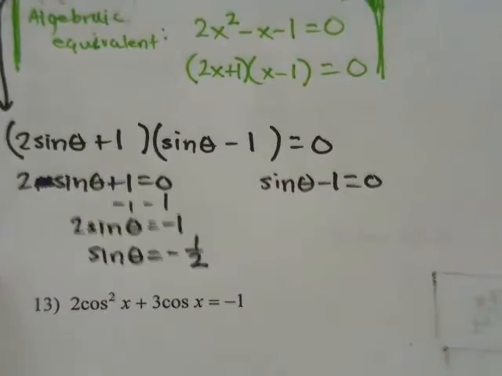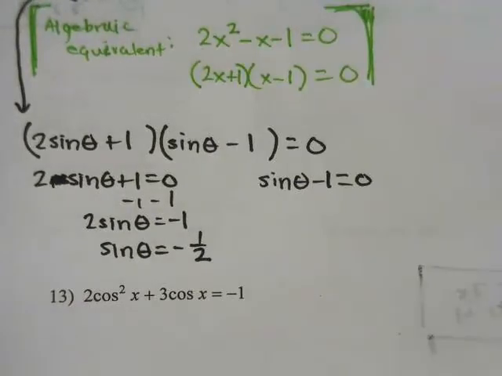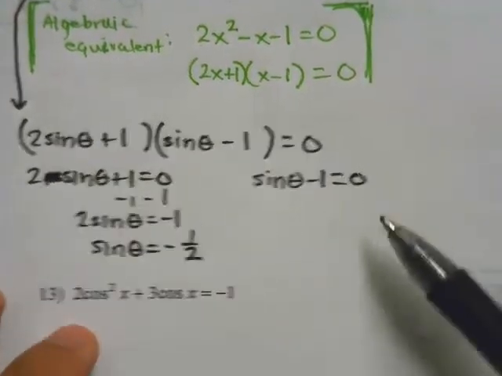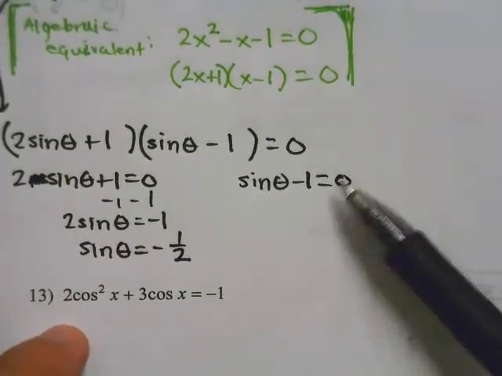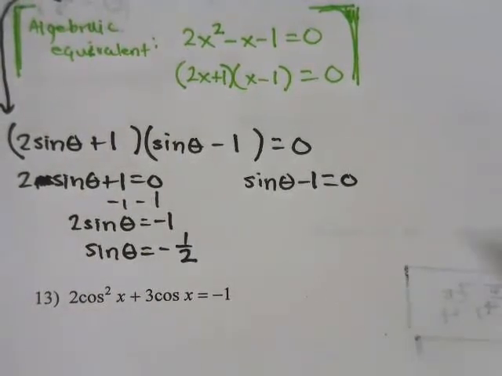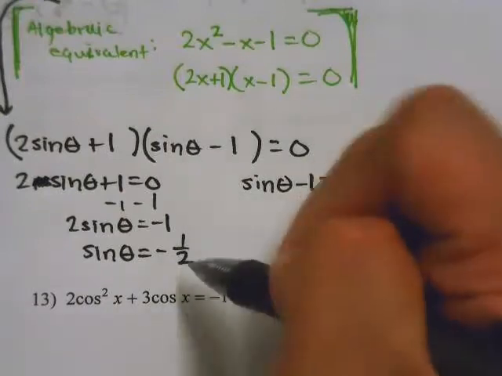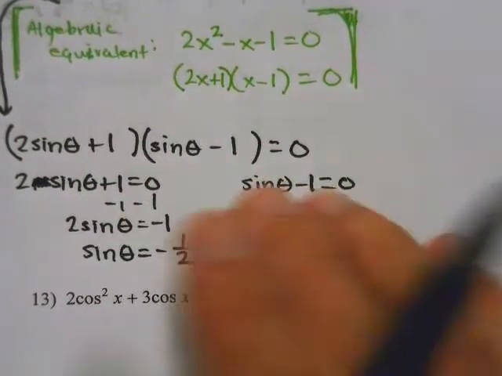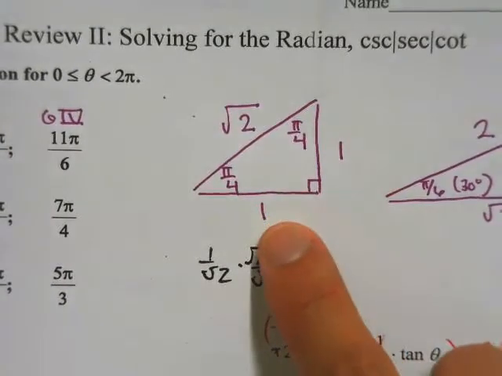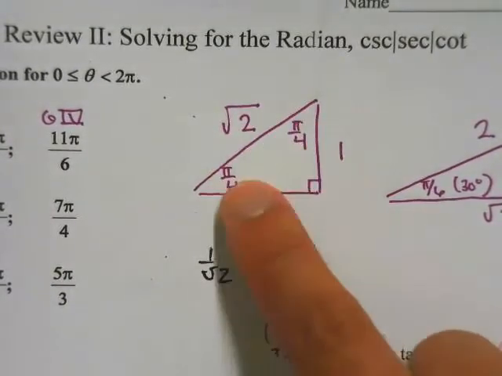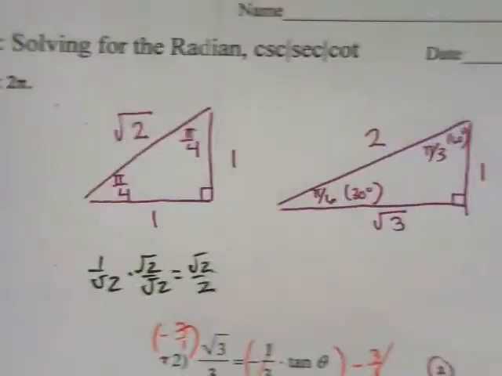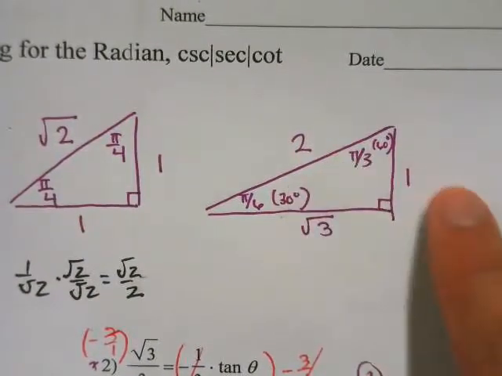All right. So again, I'm going to go back to my reference angles, and I think I'm just going to have to do this equation on another page because I don't have space. So let's go back to our reference angles that make sine 1/2, just ignoring the negative for right now. I don't think it's going to be pi over 4 because I don't see a full 1 or 2, but I see 1 and 2 over here.